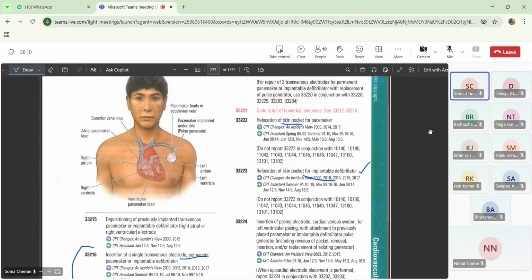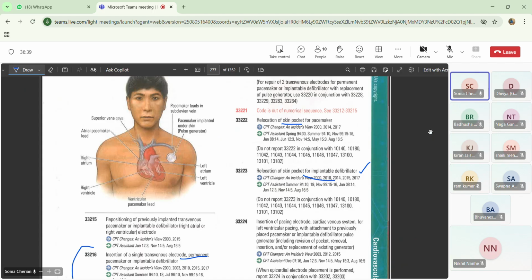If they are performing a procedure with the leads, then you need to check whether they're inserting the pulse generator along with the leads. Then check the number of leads, whether it is single, dual, or multiple. Then the location of the leads: as I told you, placed in the right atrium, right ventricle, or right atrium, right ventricle, and left ventricle.